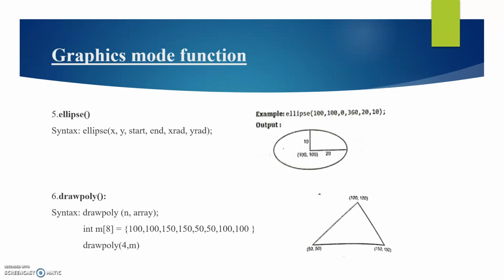For example, to draw a triangle with drawpoly, as shown on the screen, the syntax is drawpoly(4, m), where we have taken int m[8] equals to the coordinates. This is the array, the variable m. M is an array which stores coordinates of vertices of a triangle.